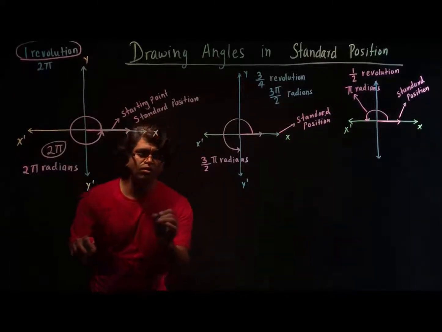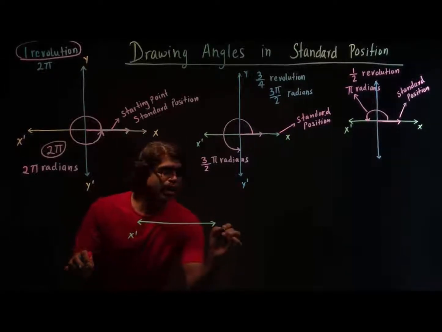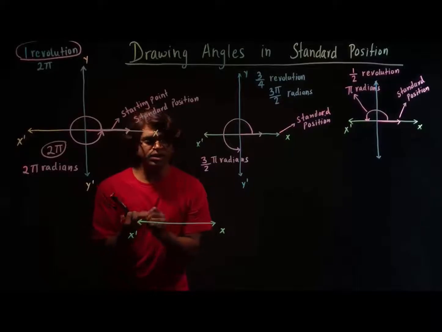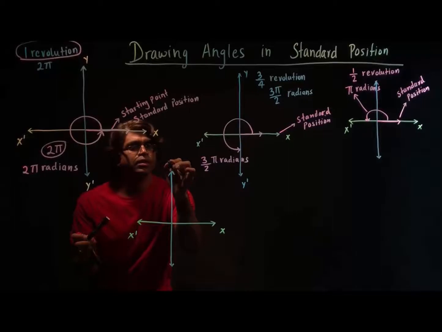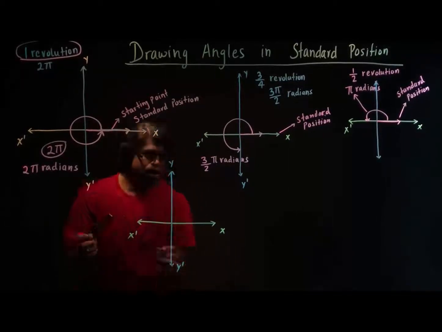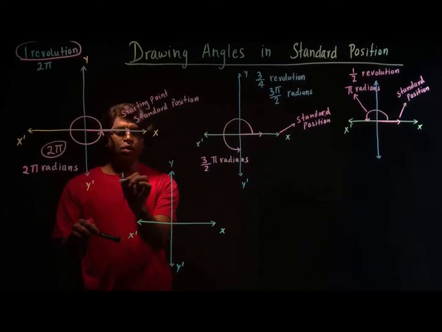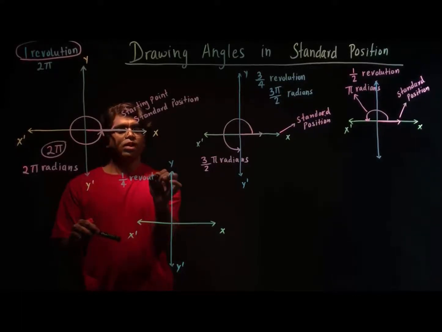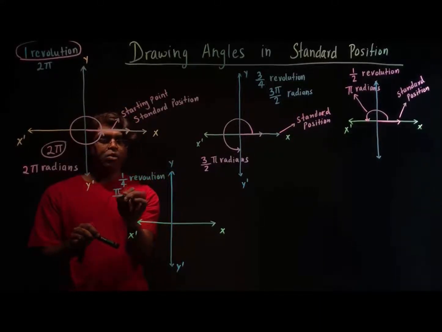Now let's consider a fourth condition. This is my x-axis, and this is my y-axis, and this time we are going 1/4 of a revolution, which is basically pi over 2 radians.